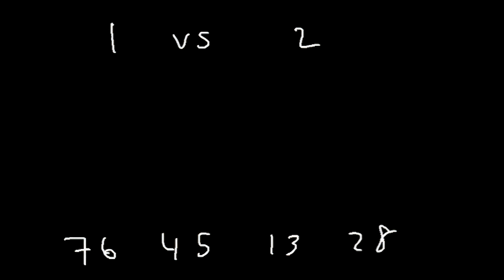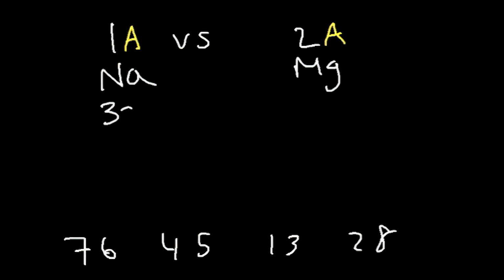So let's understand why. Let's use sodium and magnesium as examples. So the configuration for sodium ends in 3s1. For magnesium, it's 3s2. So magnesium has 2 paired electrons, and sodium only has 1. Now the next orbital after 3s is 3p.